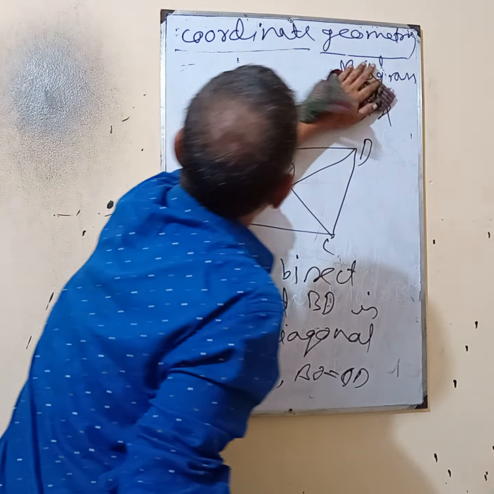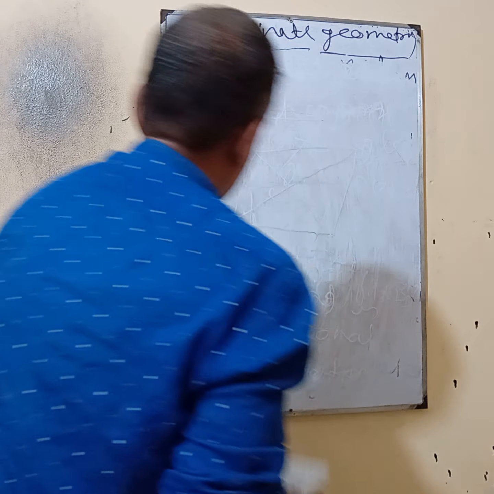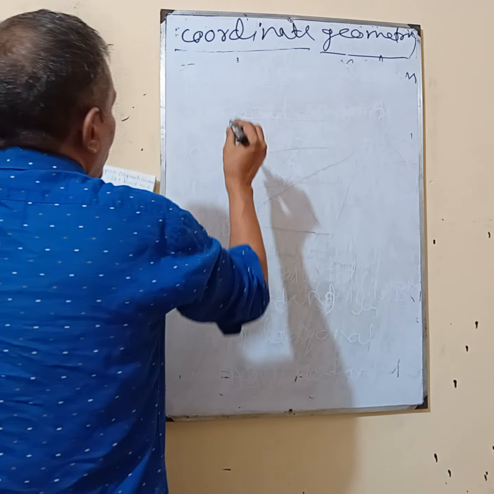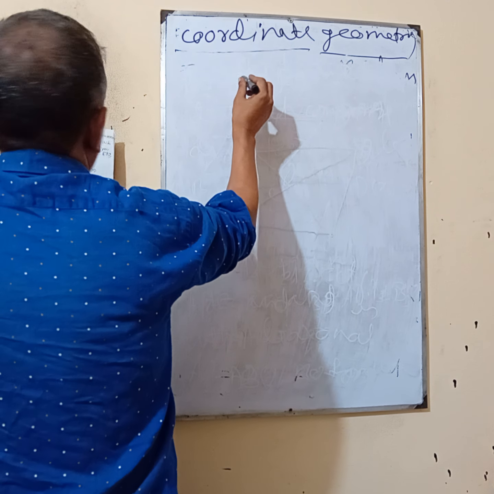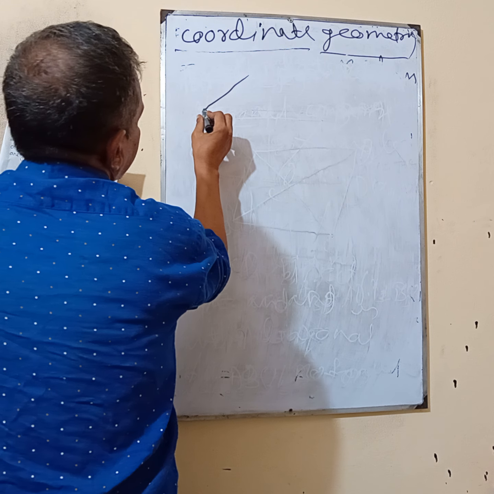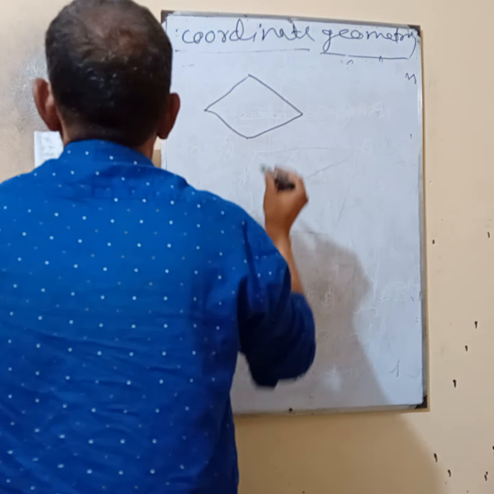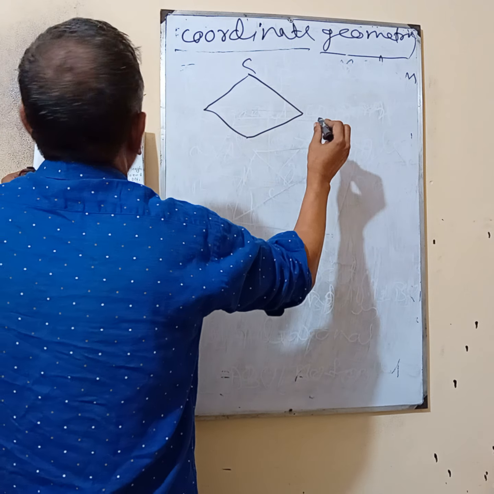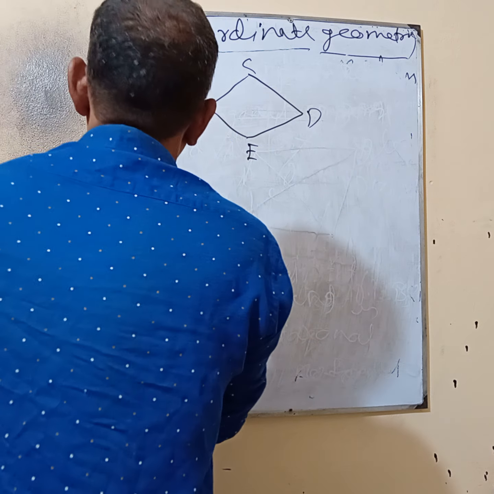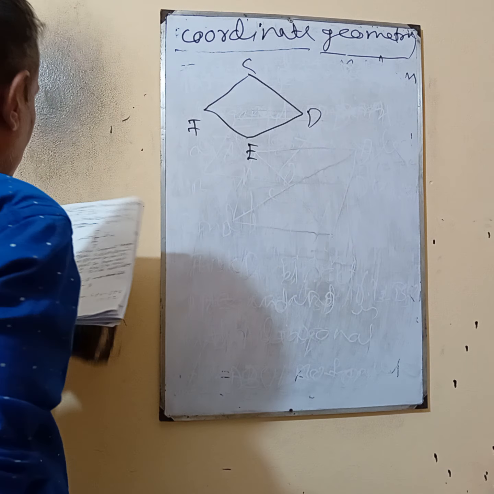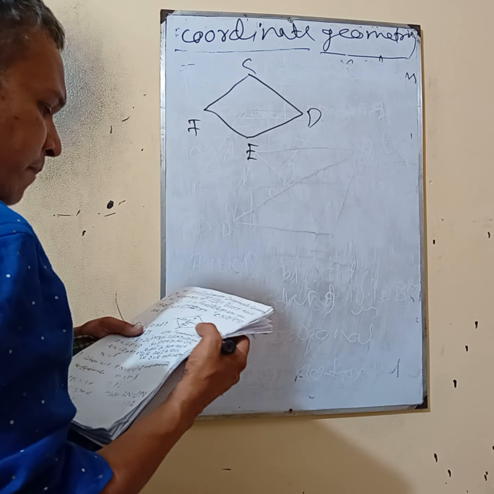Now I am discussing a quadrilateral. I have to draw a picture. This is CDEF, a quadrilateral. Now I have to prove it is a parallelogram.